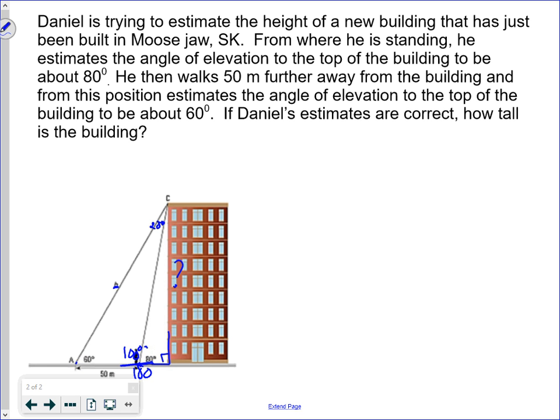So now we can use the sine law to figure out side B. So we will have B over sine 100, and this will equal 50 meters over sine 20.